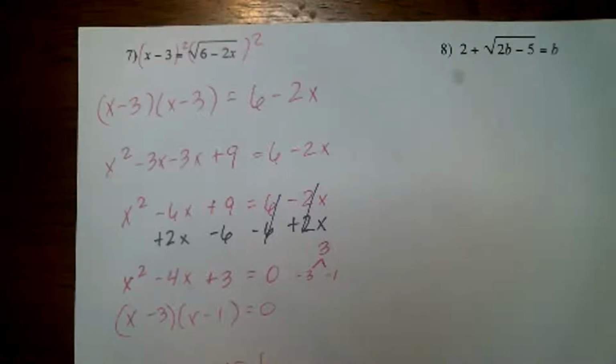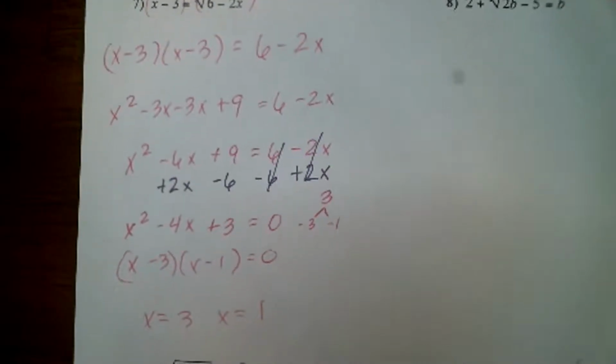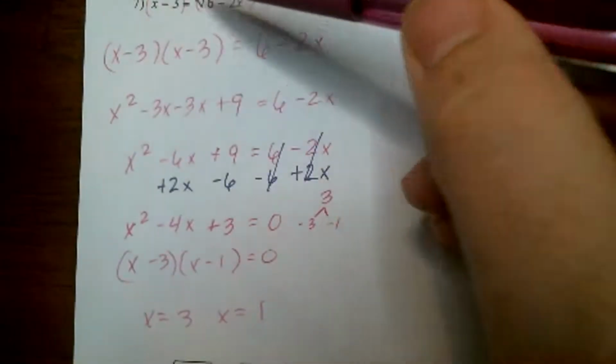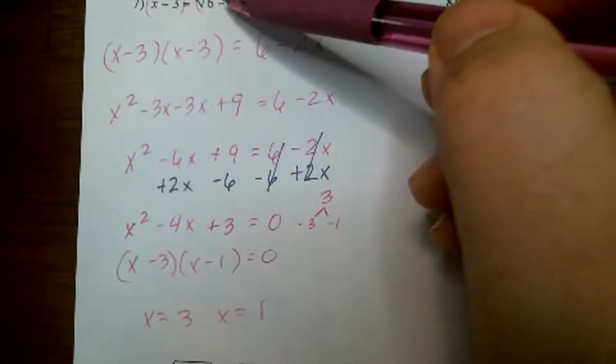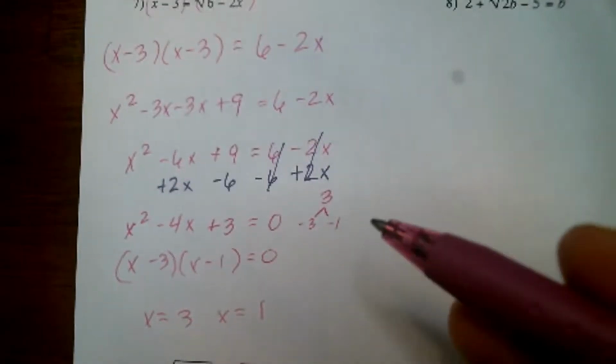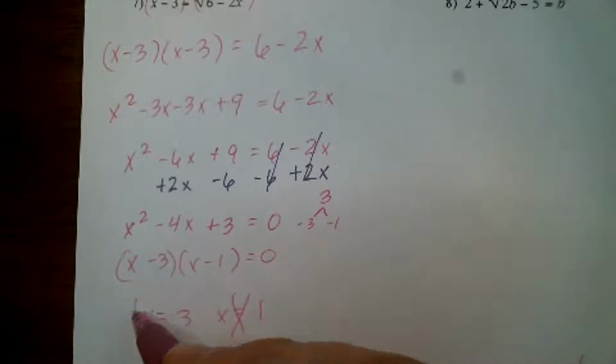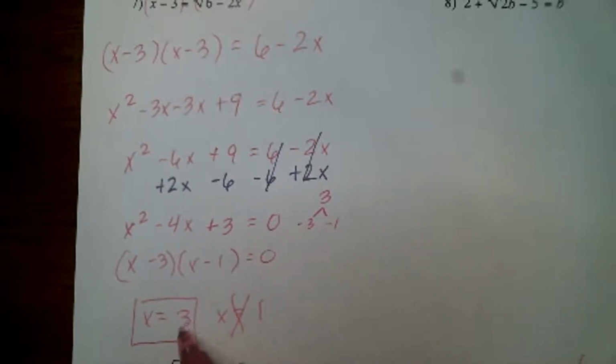Doesn't look like 1 would be good, though. Yeah, 1 would make that negative 2. One would make that 4, or square root of 4, which is 2. x equals 3 would be our answer. That makes sense. Who is that? Elena? You making sense of that?